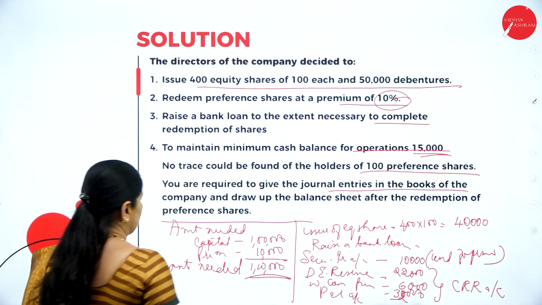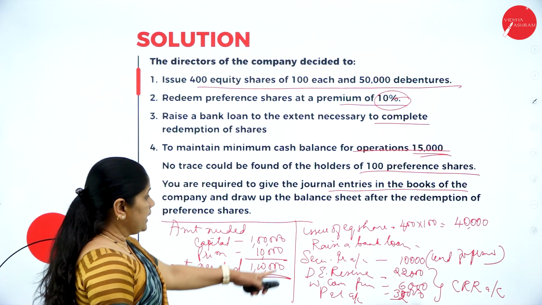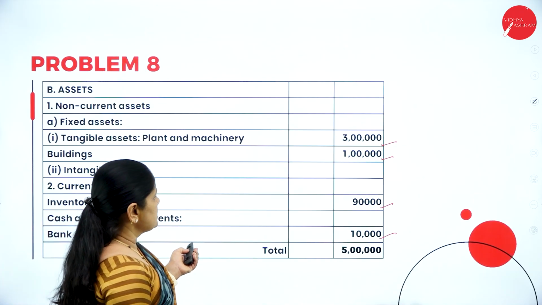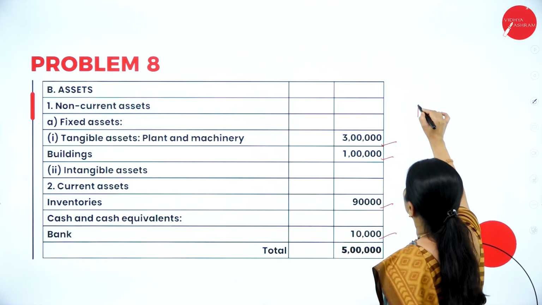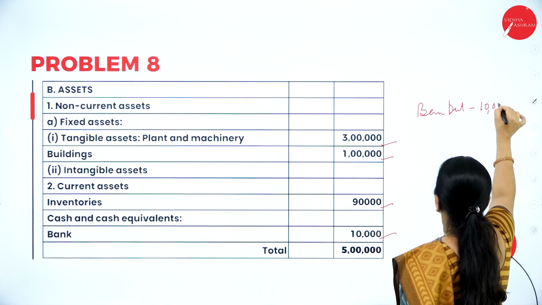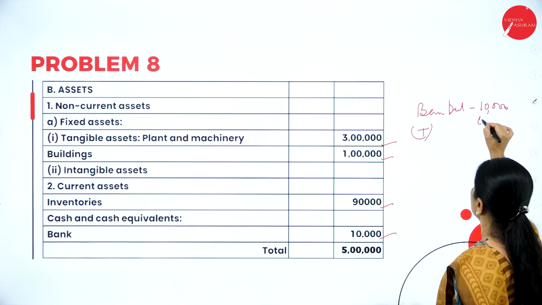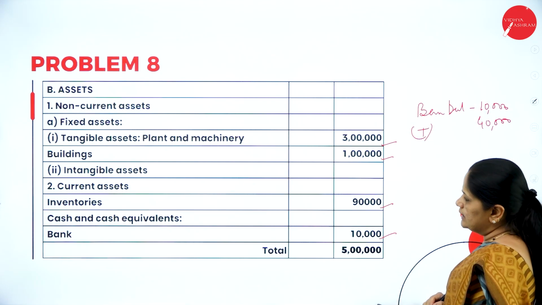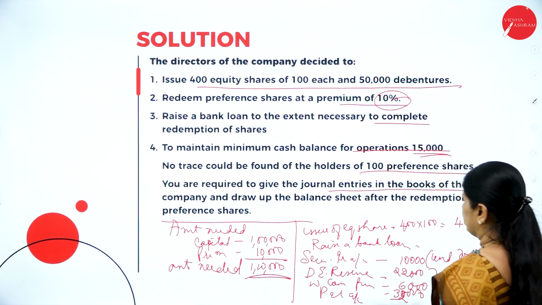Now, we have transferred the amount to the CRR account. Next, we have to find what is the bank loan we have to raise. In order to see that, what is the fund here? Bank balance is 10,000. Add issue of equity shares: we have collected 40,000 from the issue of equity shares.